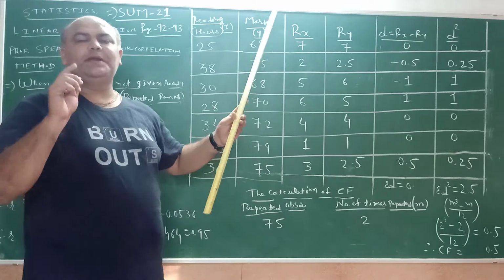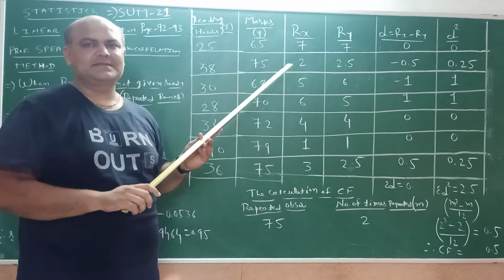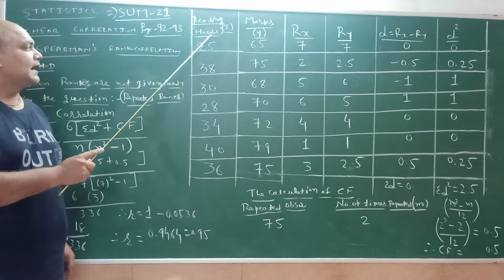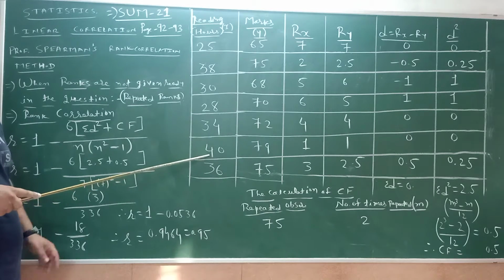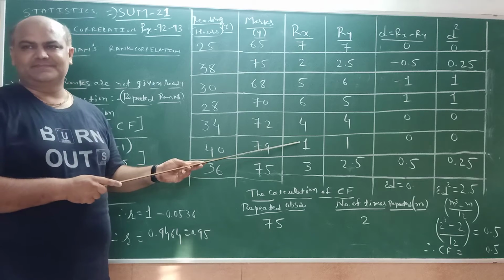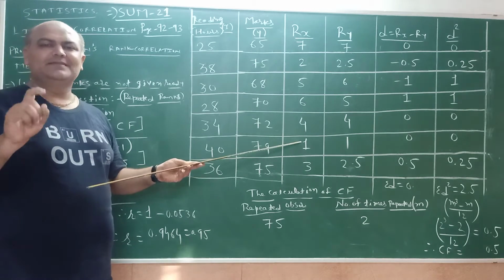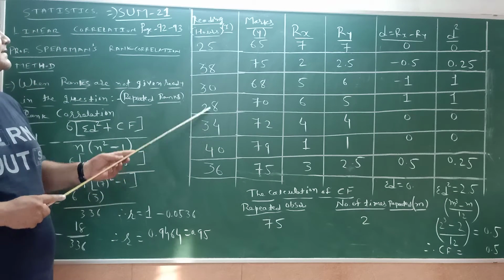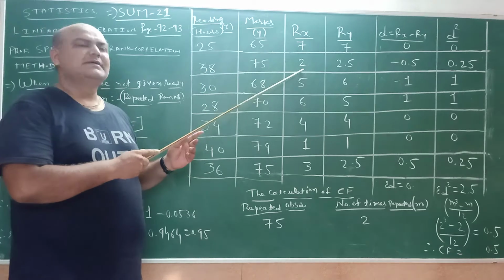First, I explain how to prepare the Rx column, rank of X. Please keep your attention on the board. The highest reading hours is 40, so 40 is provided first rank. Then next is 38, which is provided second rank.